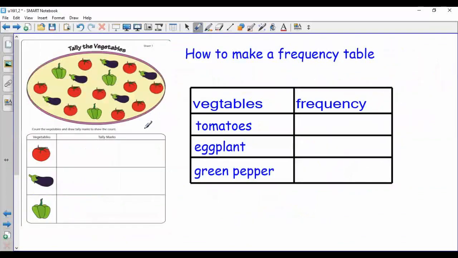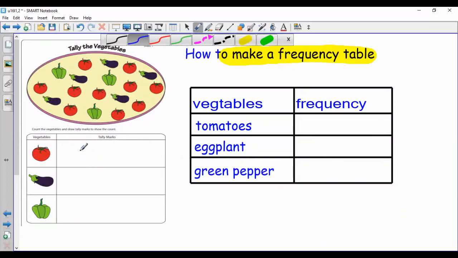Let's move to the next topic here. How can I make a frequency table? To make a frequency table, first I need to make a tally chart. Here I have a group of vegetables, and in this table I should count the vegetables. So, for example, let's start with tomatoes. Here is a square for the tomatoes.